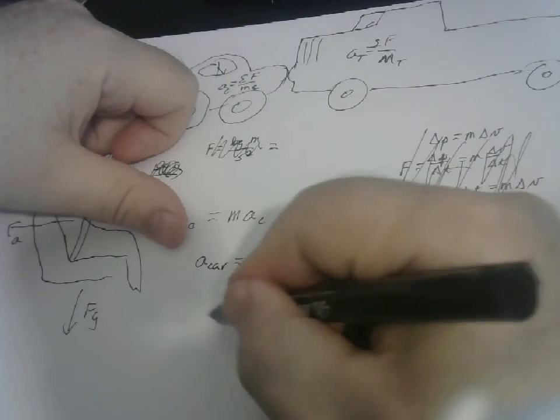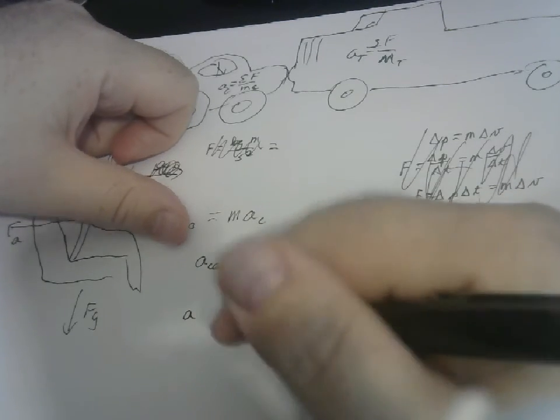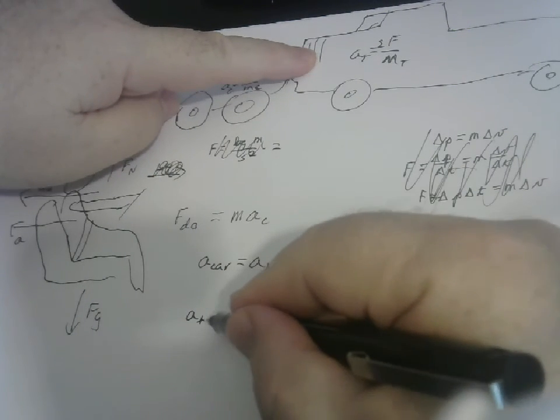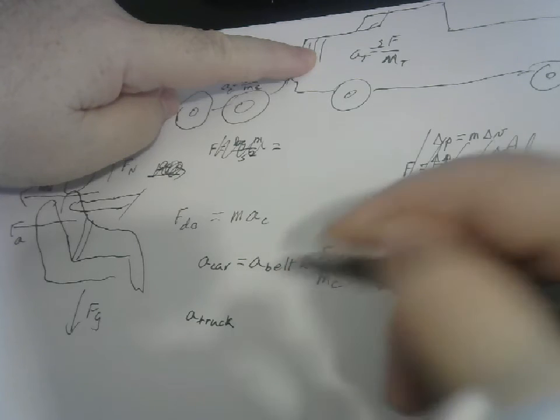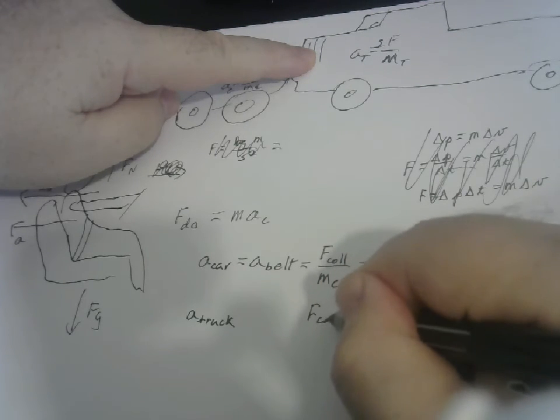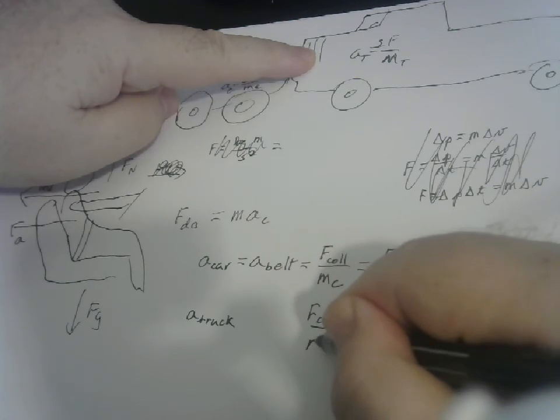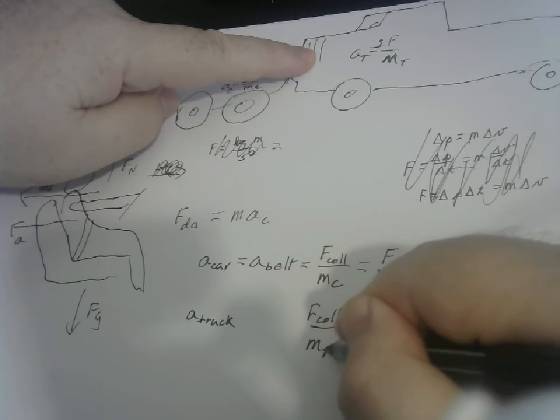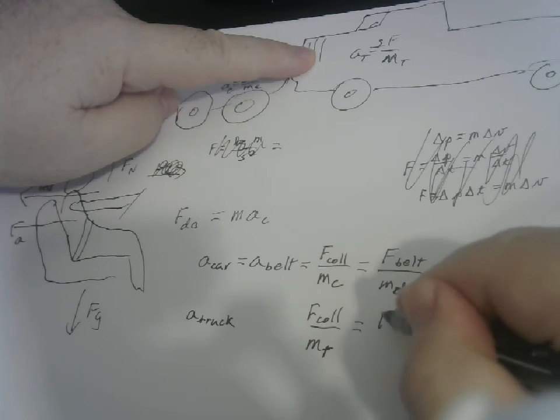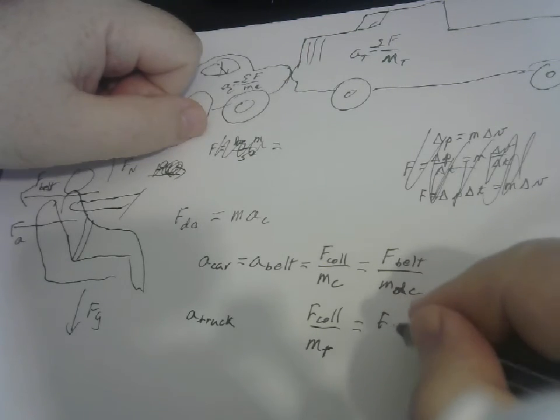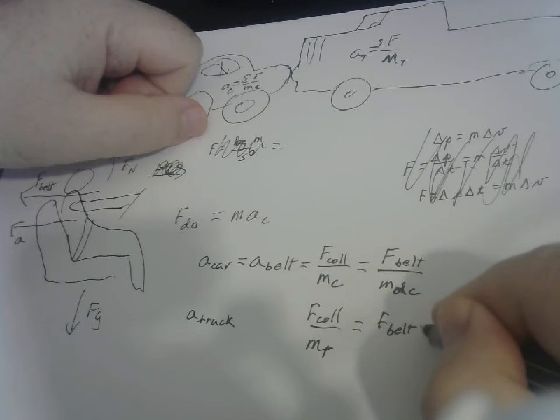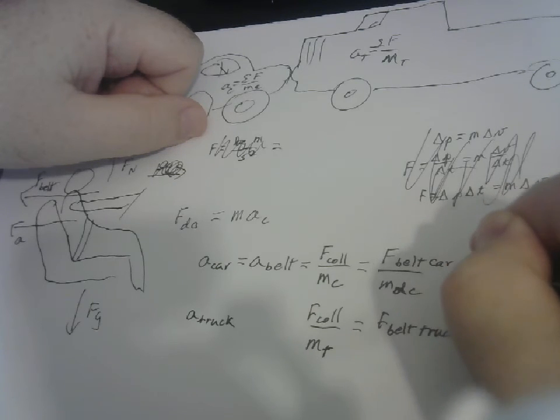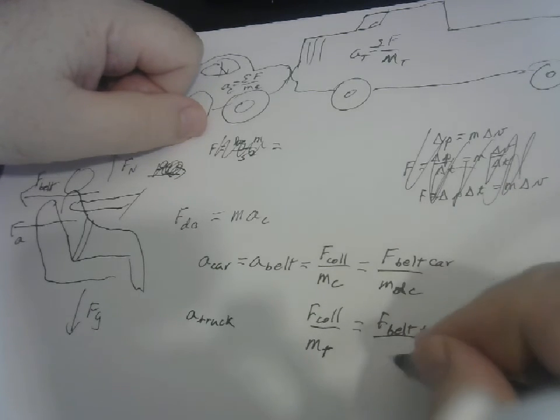We can also say the acceleration of the truck was the force of the collision divided by the mass of the truck, which is equal to the force of the belt on the truck divided by the mass of the driver of the truck.